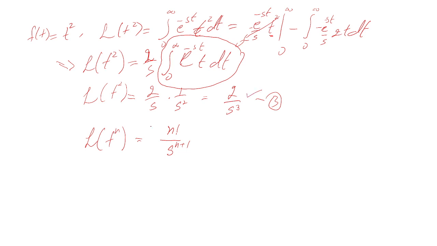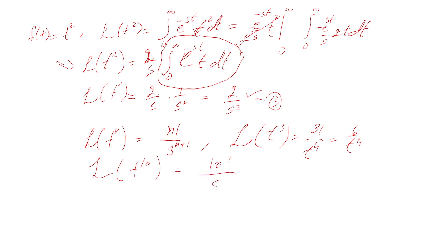If we need, let's say, t to the power 3, the Laplace transform will be simply 3 factorial divided by s to the 4, that is 6 by s to the 4. And let's say the Laplace transform of t to the 10, that is 10 factorial over s to the 11, and so on.